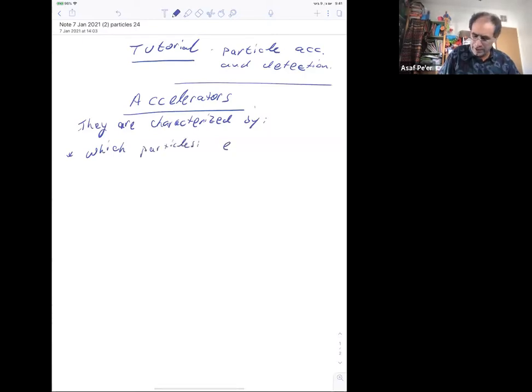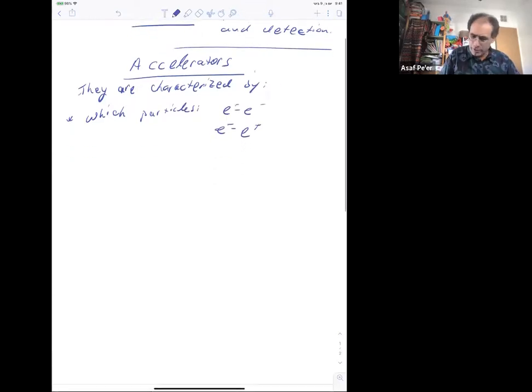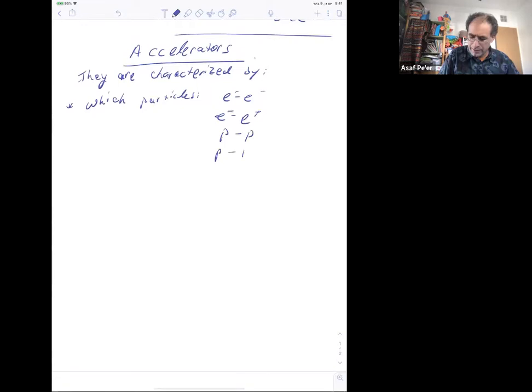Could be an electron, positron, proton, antiproton, proton and heavy nuclei. There are many. There are a few in Israel as well. Of course, not as big as the one that we have, but for heavier nuclei, we have plenty of those.